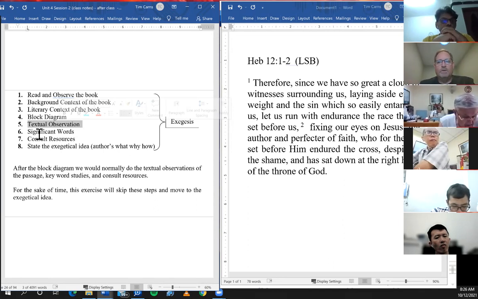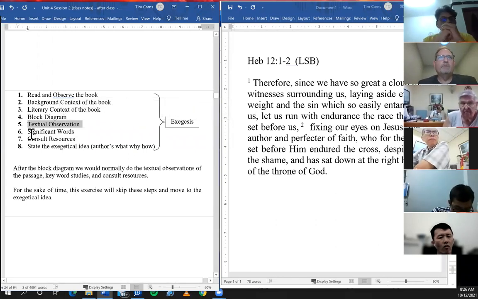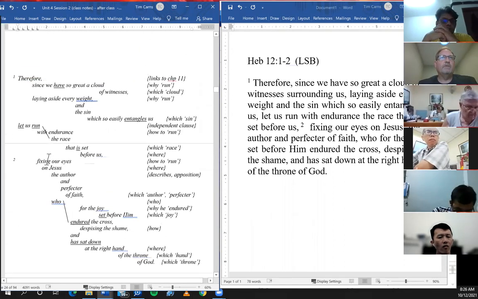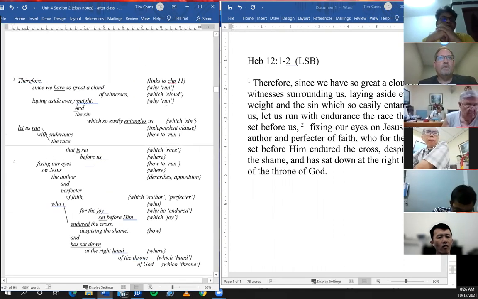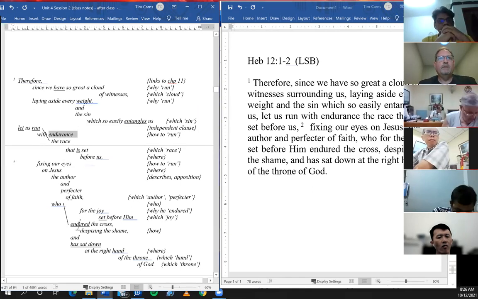We had those, I think, 11 things to look for. Again, you can go back in your notes. And then the next step was the significant words, identifying particular words that you would want to study. In this passage, I think witnesses would be an important word. Endurance is an important word. It's repeated: endurance, endured.